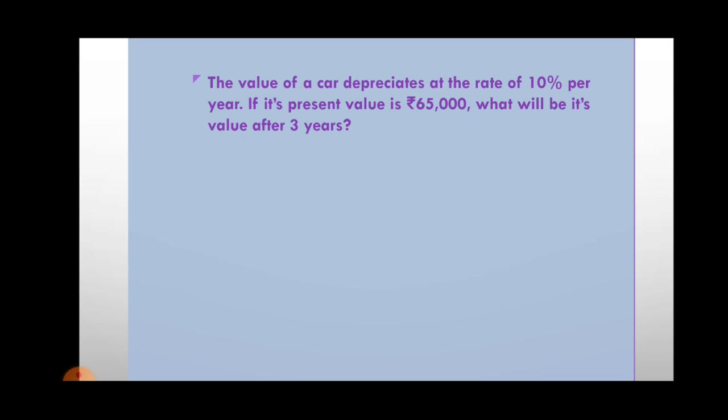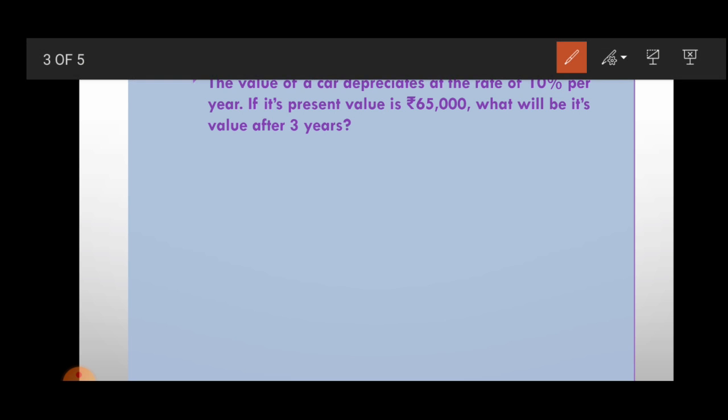Now let's do some questions based on growth and depreciation. The value of a car depreciates at the rate of 10% per year. If its present value is 65,000, what will be its value after 3 years? Now, value of car: here principal is equal to rupees 65,000.